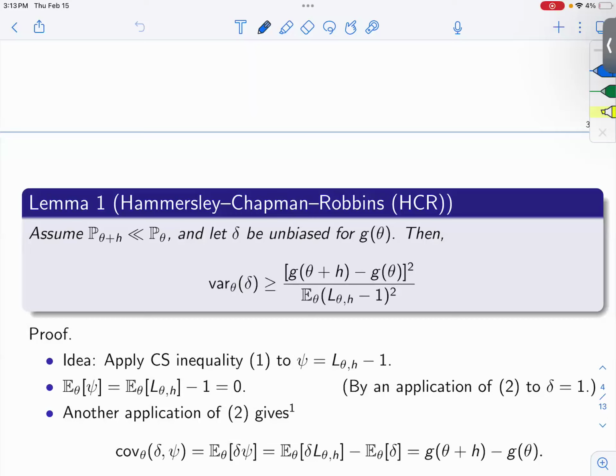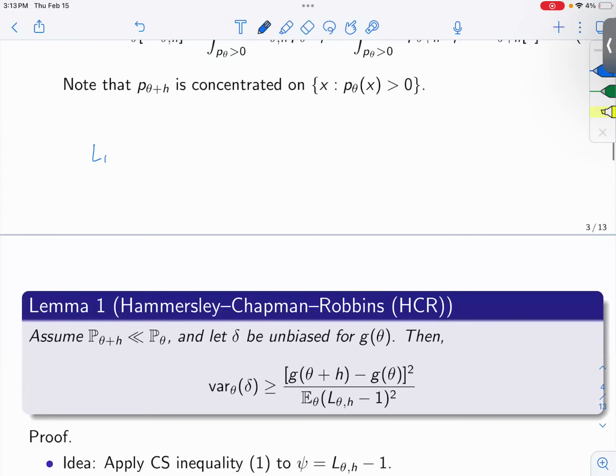And this denominator is the expectation of the square of the likelihood ratio, L theta and h. So assume that they have densities. This has a density p theta plus h of x, and this has a density p theta of x. So this is really p theta plus h of x divided by p theta of x.